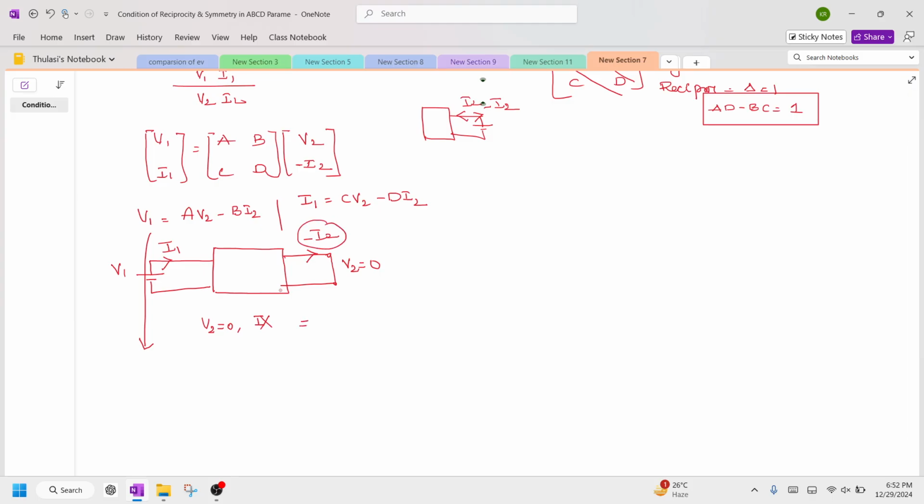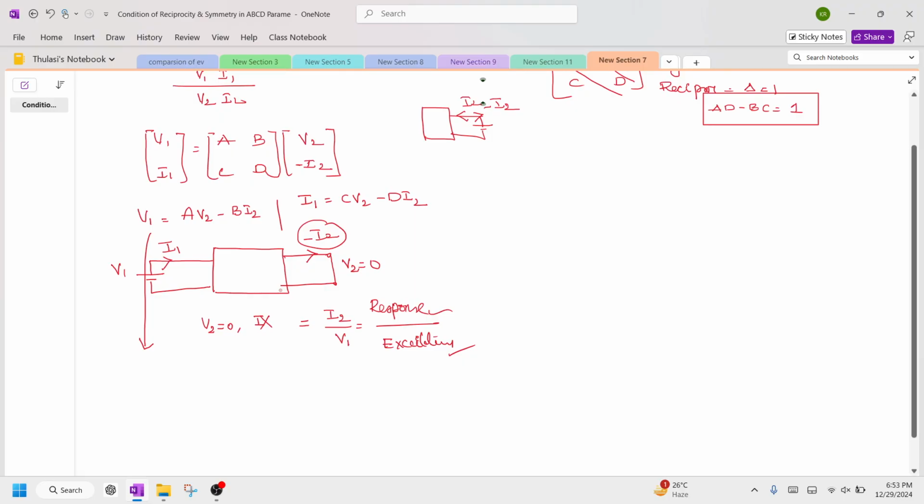The ratio is the response I2 to the excitation V1.